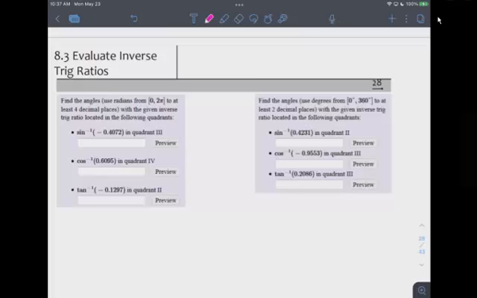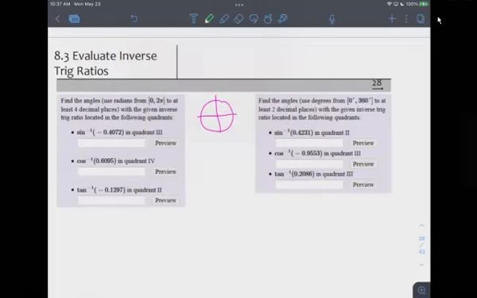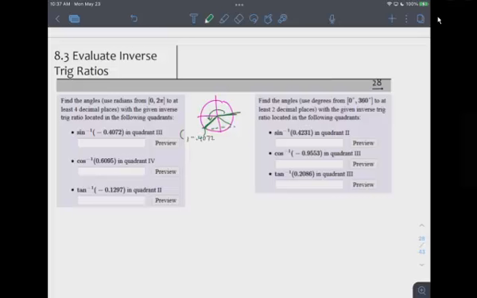What angle in quadrant 3 is going to have that sine? So again, if you're thinking about the visual part of this, remember a negative sign can exist here and here, right, in quadrant 3 or quadrant 4. So it's asking you what is this angle right here, such that the y value is the given measure, negative 0.4072.